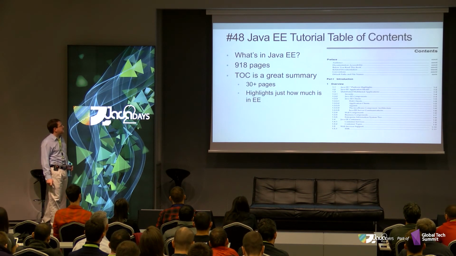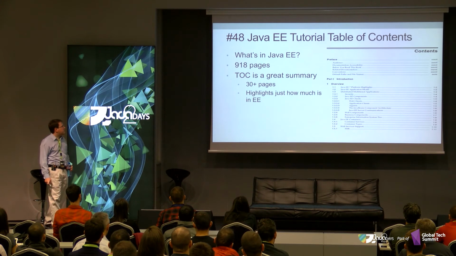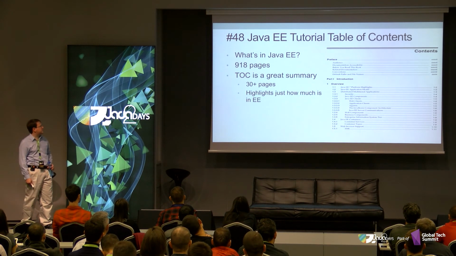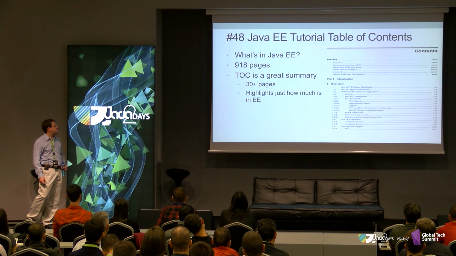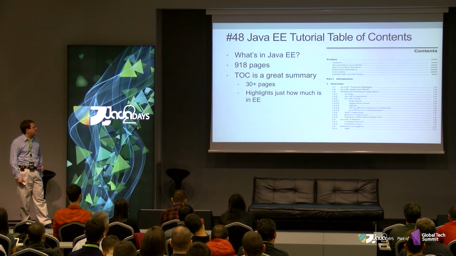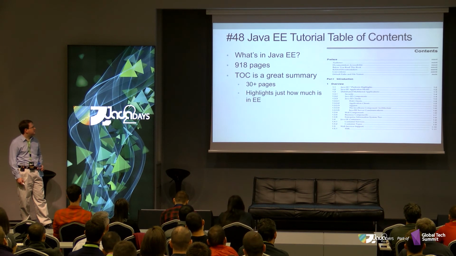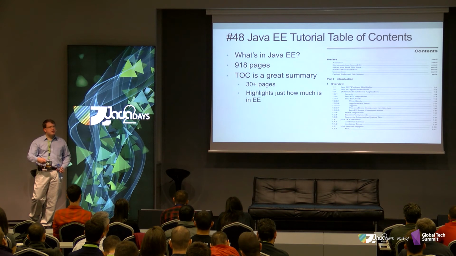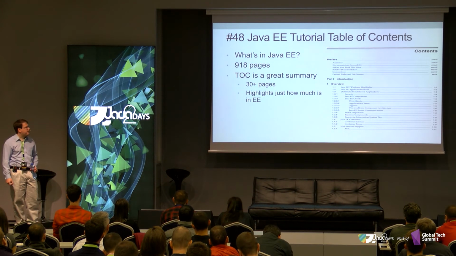The next best practice is to actually look over the Java EE specification. I think the current version of it is 918 pages. Look over the TOC, which is around 30 plus pages, and this highlights how much there is in Java EE and also what is available for you to actually use.